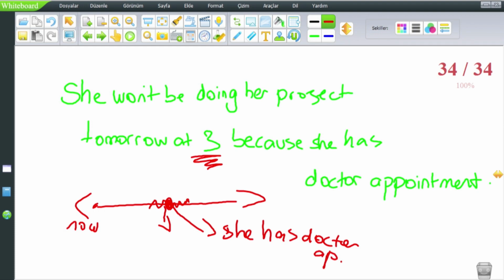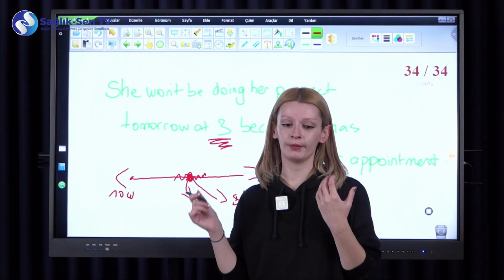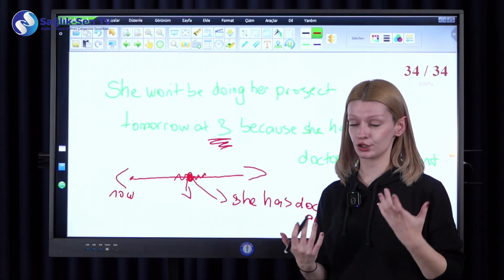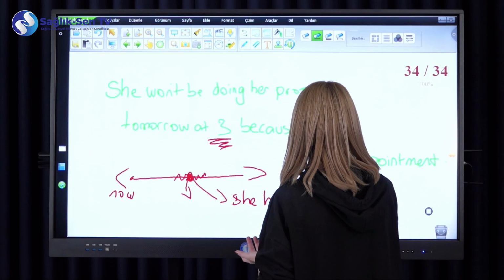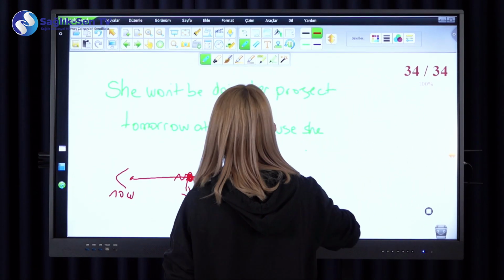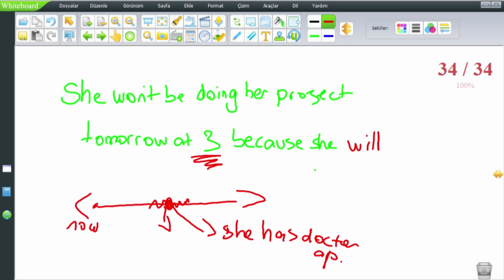Or if I wanted to also make the second sentence future progressive, I could say because she will be on her doctor appointment.